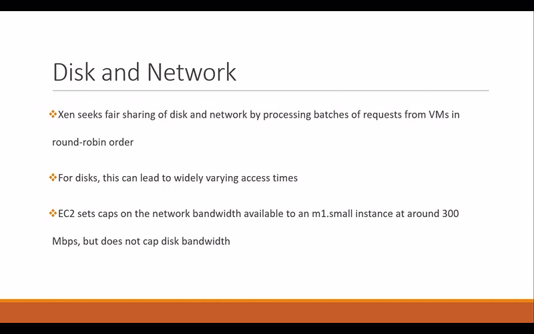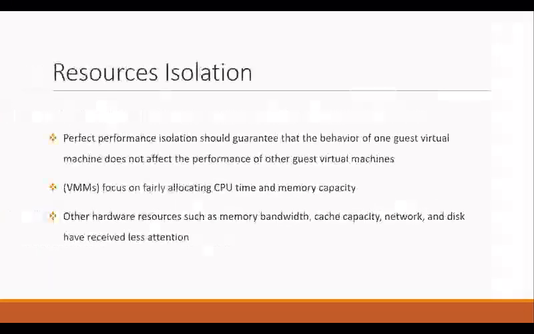So for network, you will have a minimum of 300 megabits per second even if you don't use it. I mentioned these resources just to give you this important fact that resource isolation is very important in the cloud computing field.